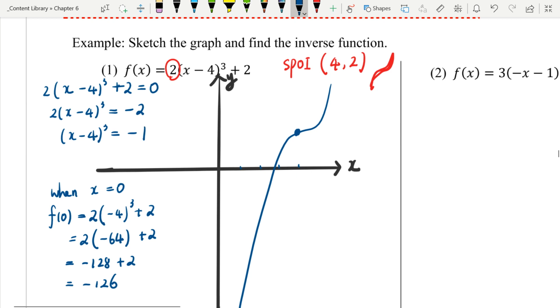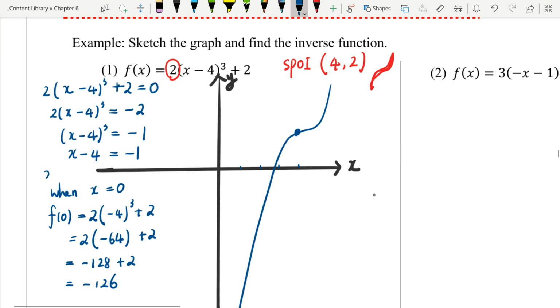We move the constants to one side. What cubed equals negative 1? Negative 1 times negative 1 times negative 1 gives you negative 1. So x − 4 must be negative 1.